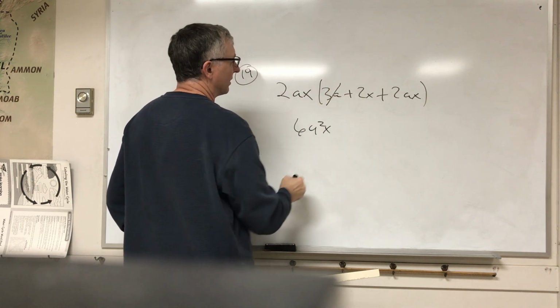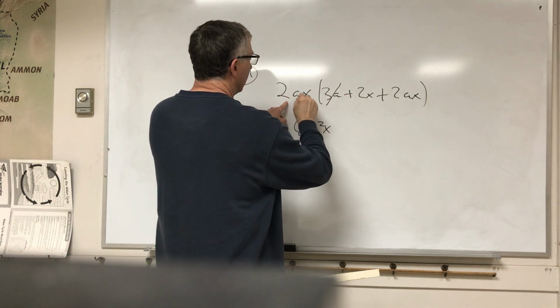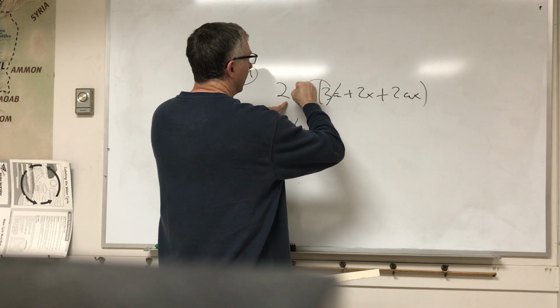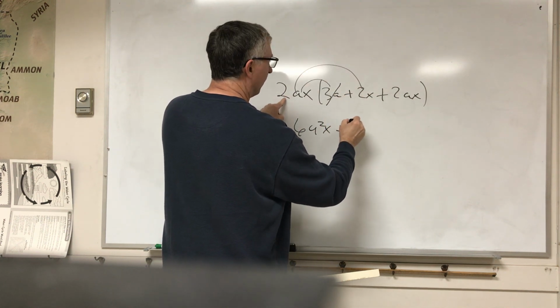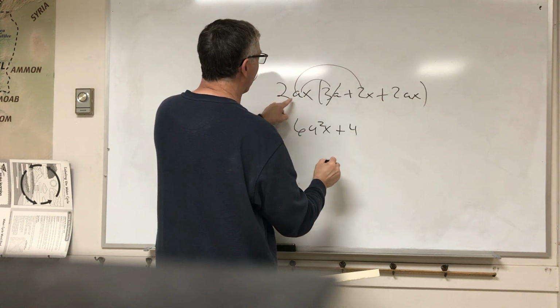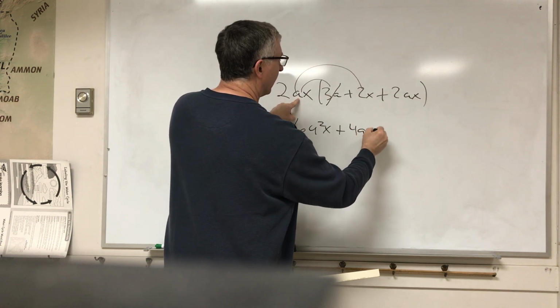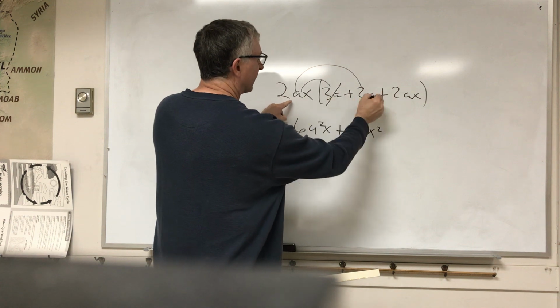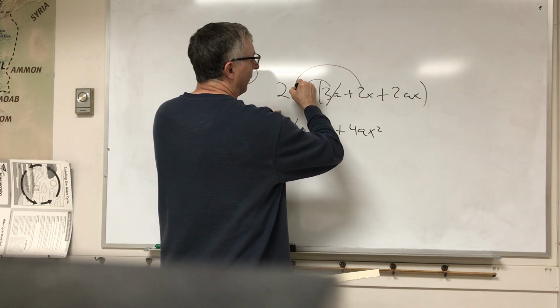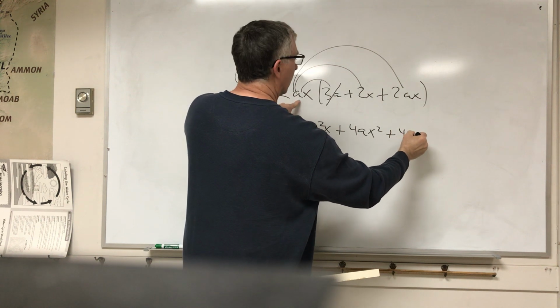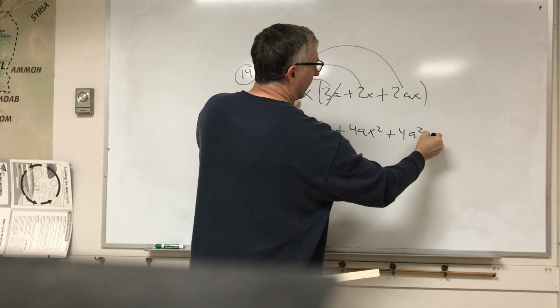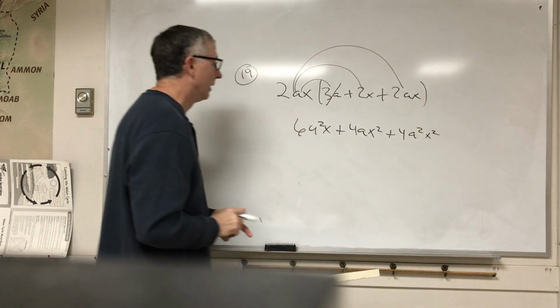We're going to cross that one off, and now I go to this one here. This would be a positive 4, because 2 times 2 is 4. And then a x squared, because x times x is x squared. Now I go to the third term, and that is a positive 4a squared x squared.